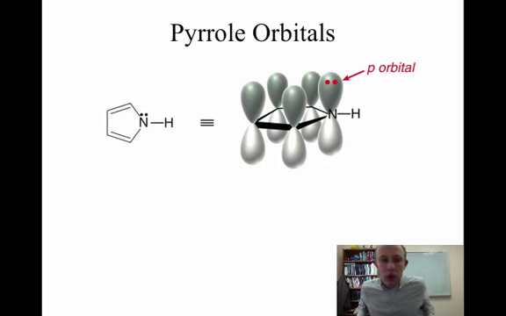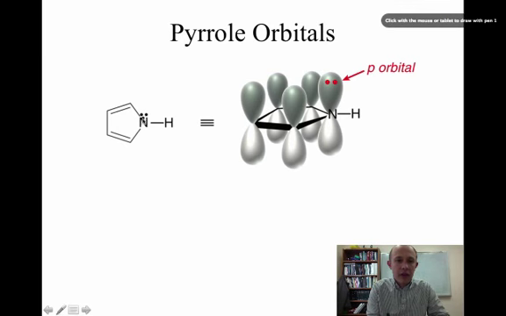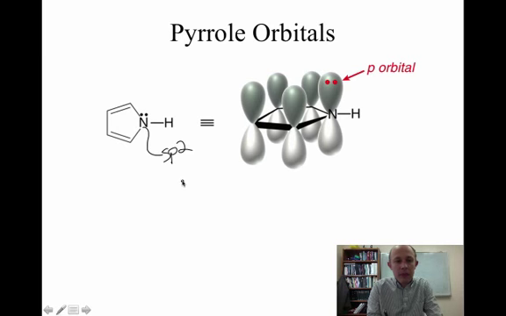What if we look at pyrrole, though? Pyrrole has this lone pair of electrons. If it was not placed in a p orbital, we'd only have 4 electrons. But what it does is rehybridize itself to sp2. So this is an sp2 hybridized bond, and this is an sp2 hybridized bond, and this is an sp2 hybridized NH bond, and it places the lone pair of electrons in a p orbital.